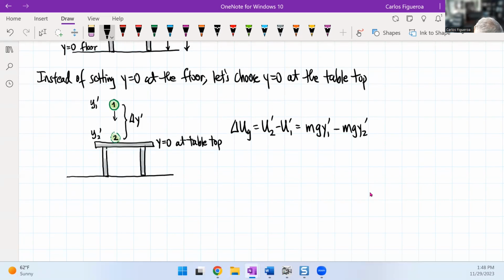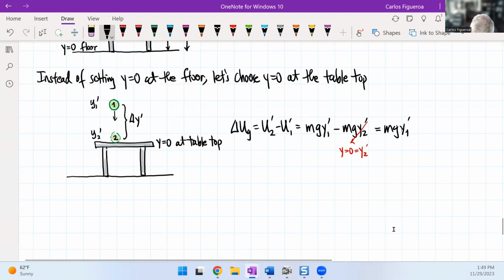But note that y2 prime is set to be 0. So in this situation, we've already defined that y is equal to 0 at the tabletop, which tells me that y2 prime should be exactly 0. And so this quantity reads mg y1 prime.